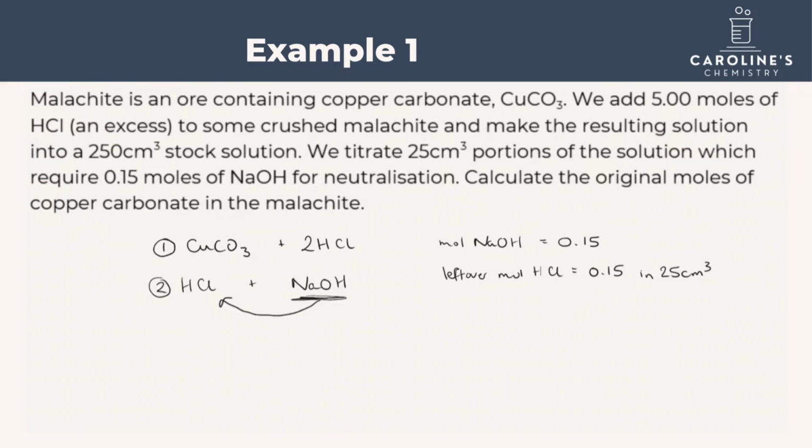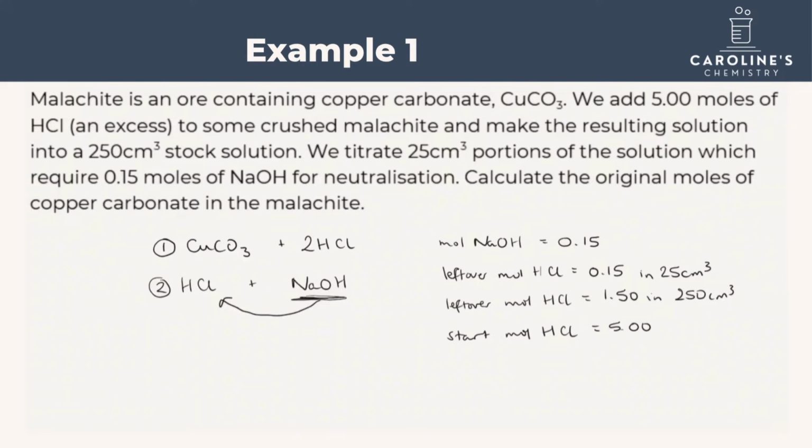However, the actual solution that we started with, the stock solution, was 250 centimetres cubed. So the leftover moles of HCl in 250 centimetres cubed is therefore 1.50. So that's what's left over. We also know the start moles of the HCl.